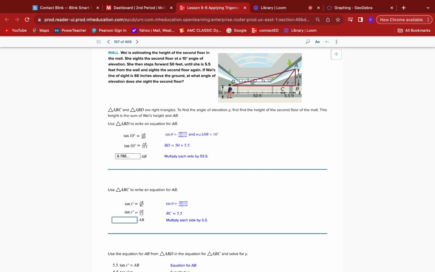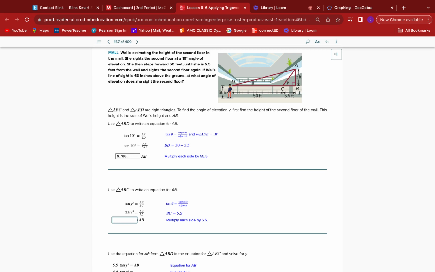Some of you may have an Inspire calculator, which means you go to your trig function button and select tangent to the -1 power. I don't know what you're going to do because I don't know what calculator you've got. But anyway, go to the tangent to the -1, put in your 9.786, divide by 5.5, and hit enter.